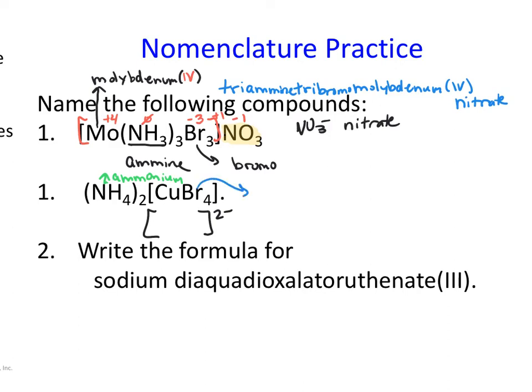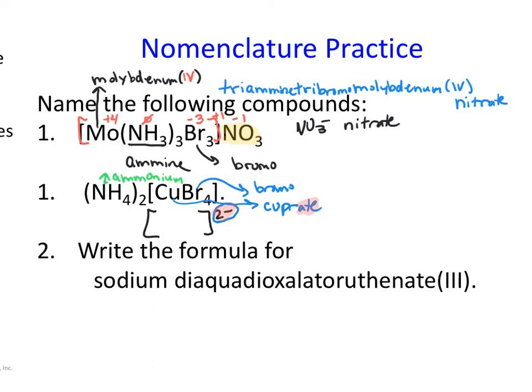The name of the ligand is bromo, and I have 4 of them, so that will be tetrabromo. And Cu, it's a complex anion, so this becomes cuprate. Again, we're ending in ATE because this is an anionic complex.